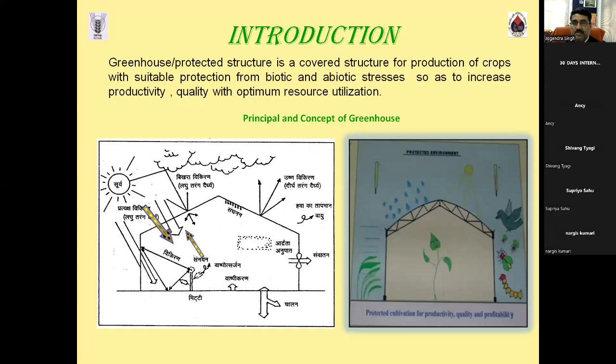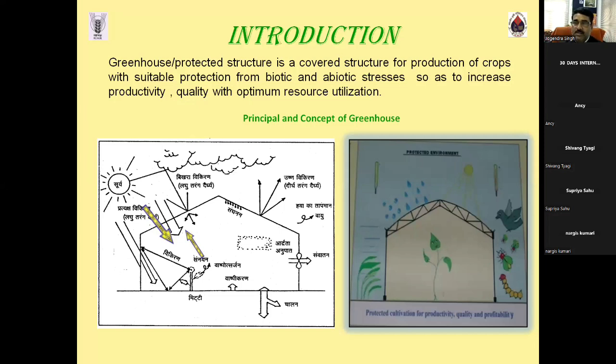Short wavelength radiation comes inside the structure and is reflected back as long wavelength, but the covering material returns it inside the structure and does not let it pass outside. This is the greenhouse effect phenomenon, so we decided the structure's name is greenhouse. Protected structure is internationally known as a greenhouse.